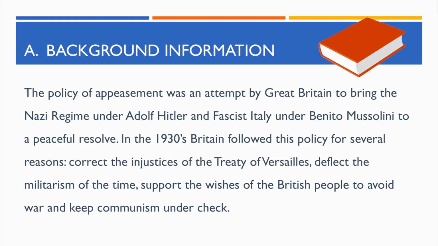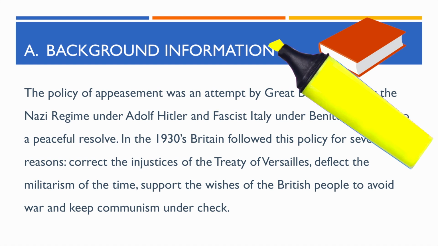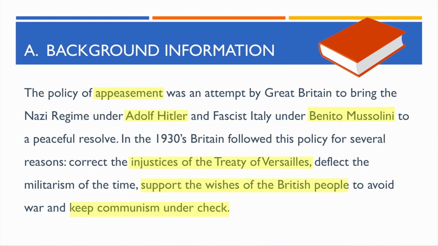One of the things that I would strongly recommend is once you open the paper, go immediately to the background information section and use your highlighter in order to essentially identify the key ideas. The background information will help you get up to speed with what the topic will entail.